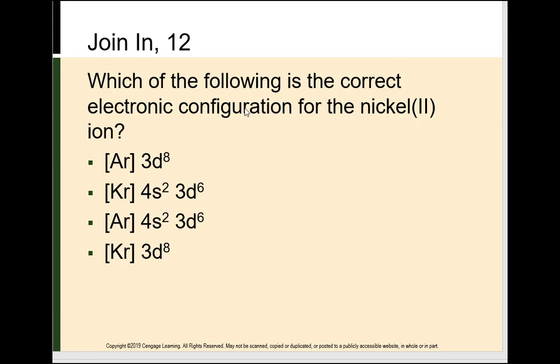How about this one? Which one's the correct for nickel 2 ion? If you look up nickel in the periodic table, we would do 4s2, 3d8. But remember, we want to go lowest to highest n, so 3d8 would come before 4s2.